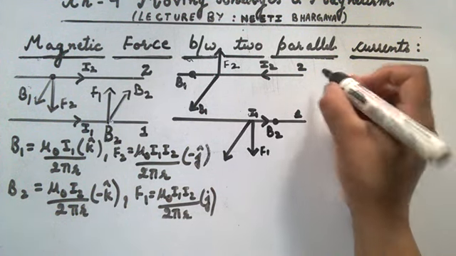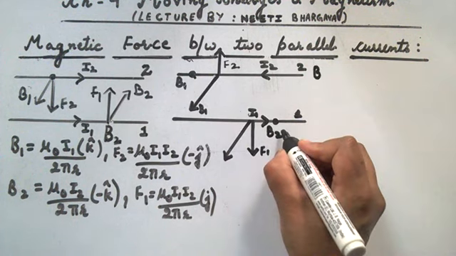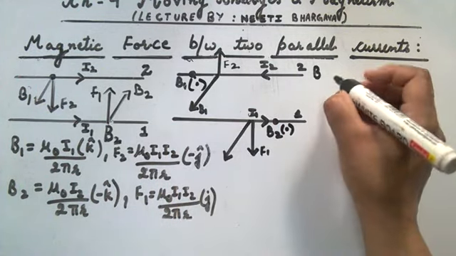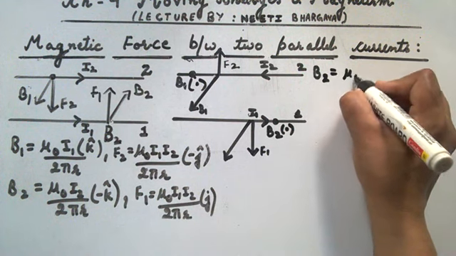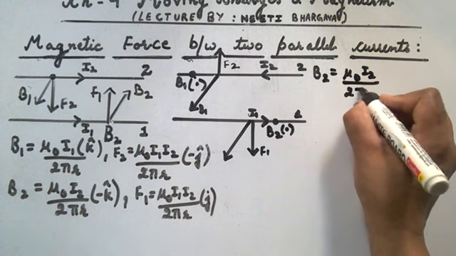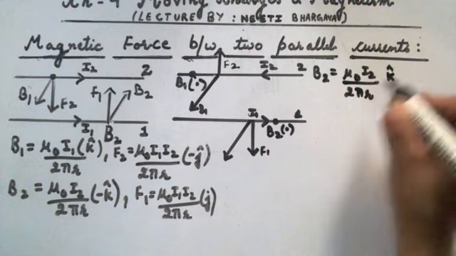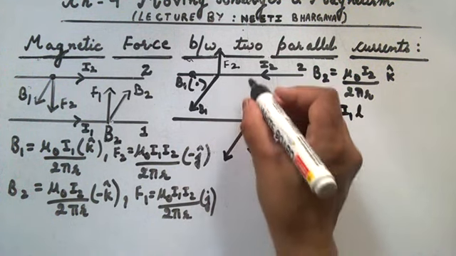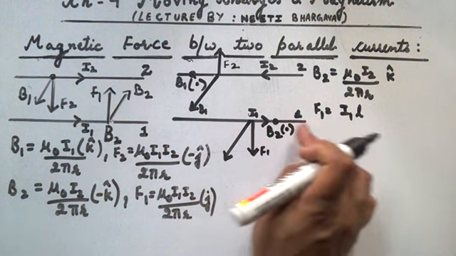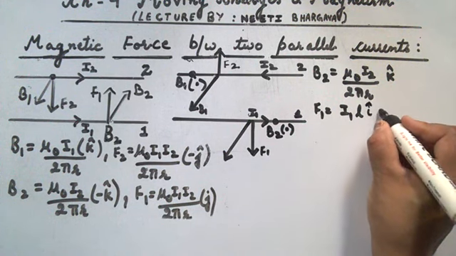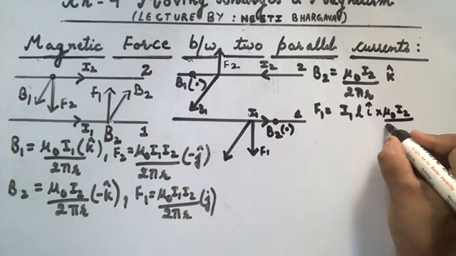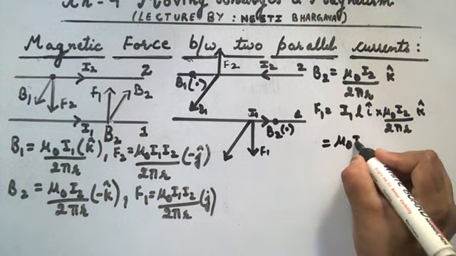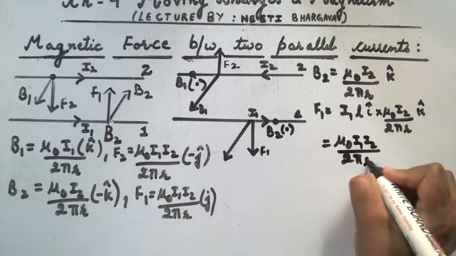Let's prove it also. Here we can see that B2 is out of the plane of the paper, B1 is also out of the plane of the paper, and B2 is equal to mu naught I2 upon 2 pi r k cap, and F1 is equal to I1 L. Direction of L is along positive x-axis, therefore i cap cross mu naught I2 upon 2 pi r k cap, and i cross k is minus j, therefore mu naught I1 I2 upon 2 pi r L minus j cap.